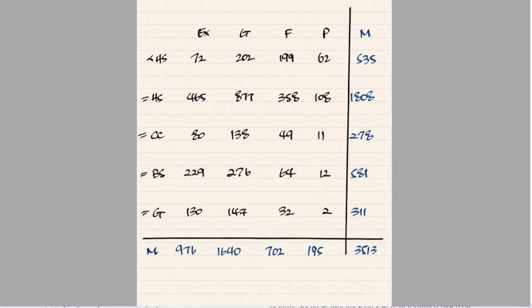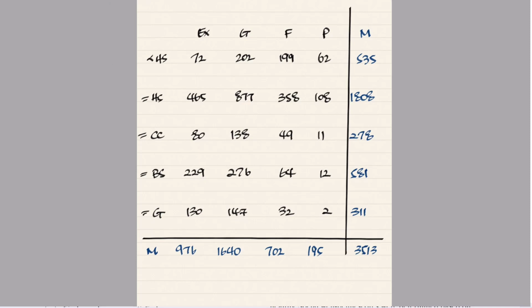So I have my observed counts in black, and I have my marginal distribution shown in blue. And I had to do a little bit of abbreviating here for obvious reasons. I don't have a ton of real estate on my screen, and so I have to try to squeeze it all in. And this is a large contingency table. And so I have across the top X for excellent, G for good, F for fair, P for poor.